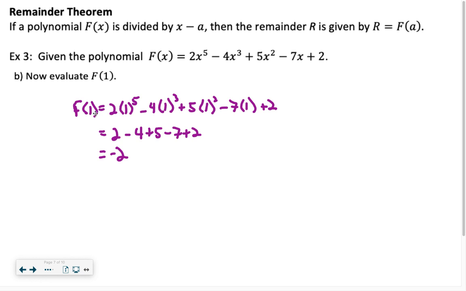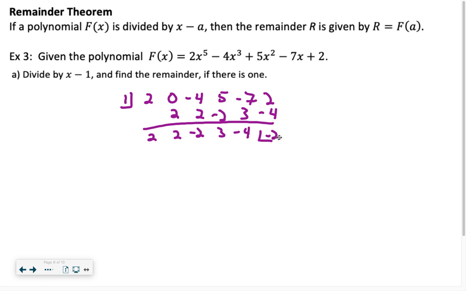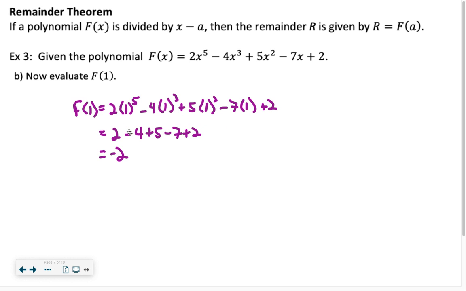Okay, so we got the exact same thing by plugging in 1 as we did for the remainder when we did synthetic division. That's not a coincidence. That happens every single time.